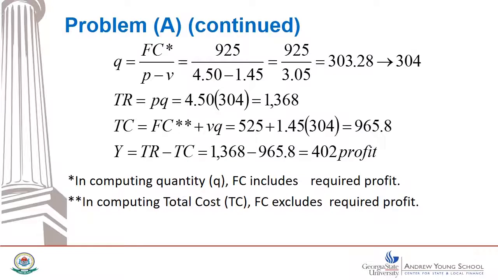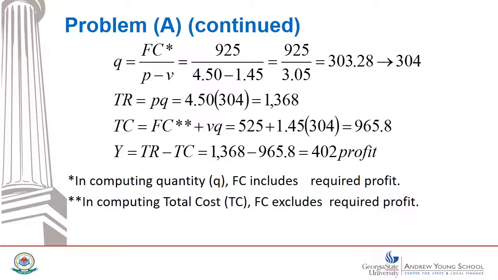Since we can't make a fractional pie, our result is rounded up to 304 pies. We then determine total revenue as the price of $4.50 per pie times our quantity of 304 pies. That produces total revenue of 1,368.